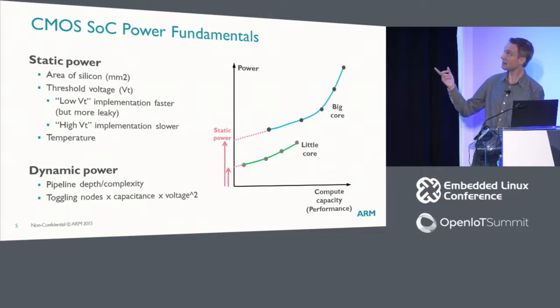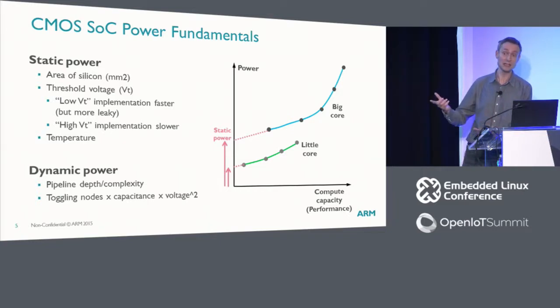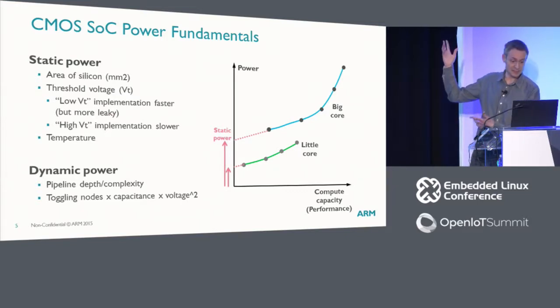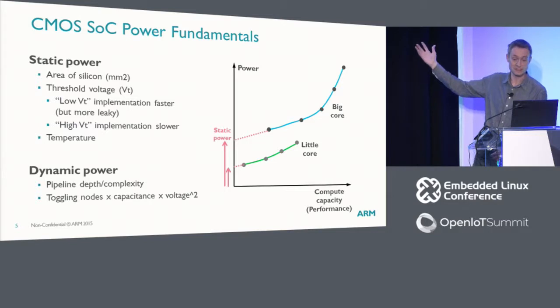Okay. Dynamic power. CMOS only uses power when it switches. So it's the number of nodes swapping between high and low, and the capacitance. And actually, it's the square of the voltage that determines the power. That's illustrated there, and we've plotted it against performance as well.